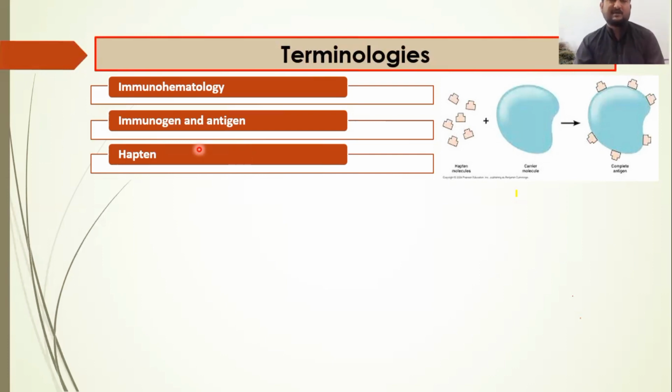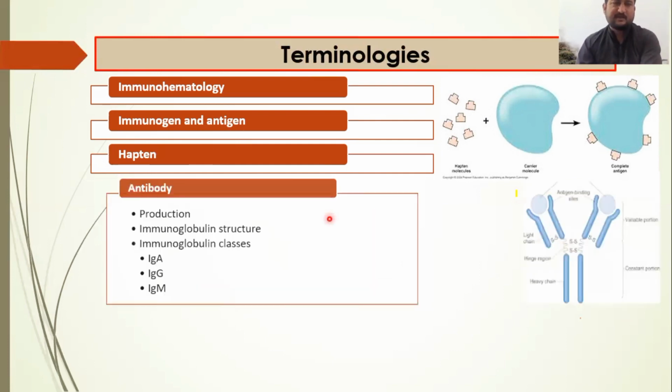So penicillin is a big example of a hapten, in which penicillin by itself is not antigenic, but when bound with serum protein, it becomes antigenic and provokes the immune system to start making antibodies.